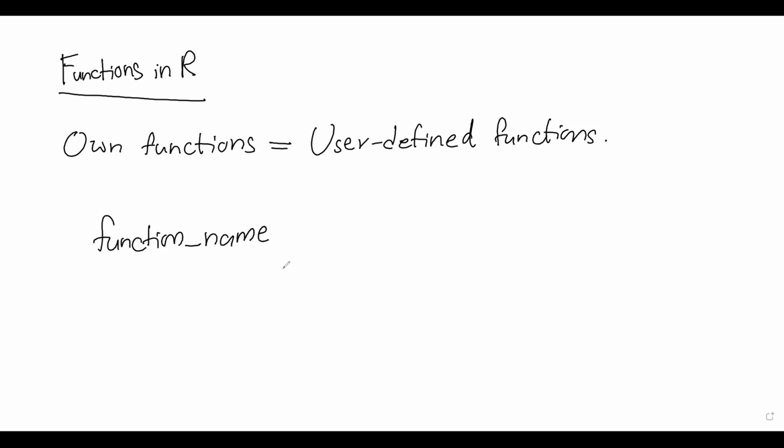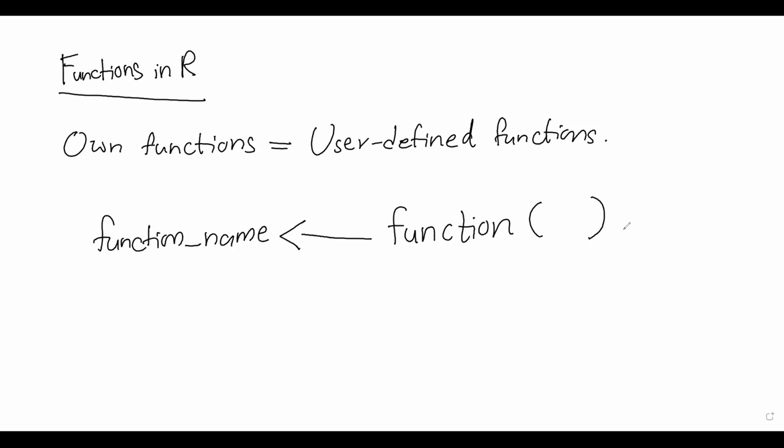So anyway, it should have a function name, and the function name is assigned to the function. So you have to write this keyword function. Within brackets, you can either leave it as it is, or you can give arguments. You can pass arguments, comma separated. If it is just one argument, you can give one.